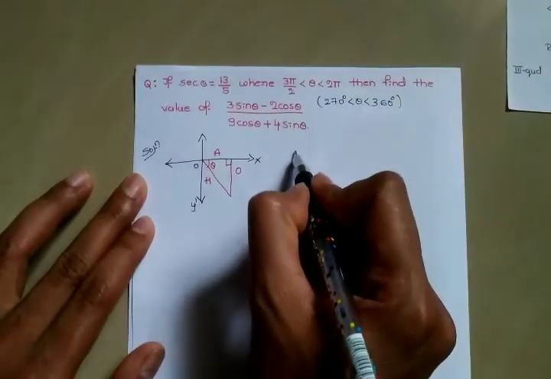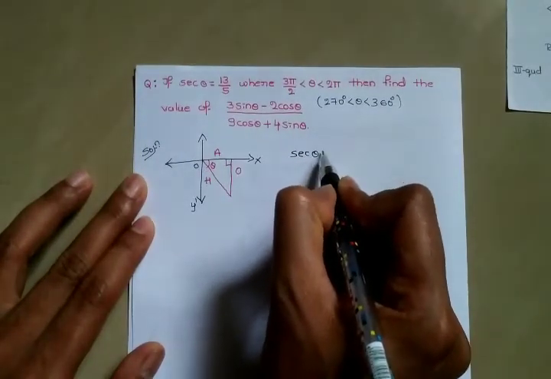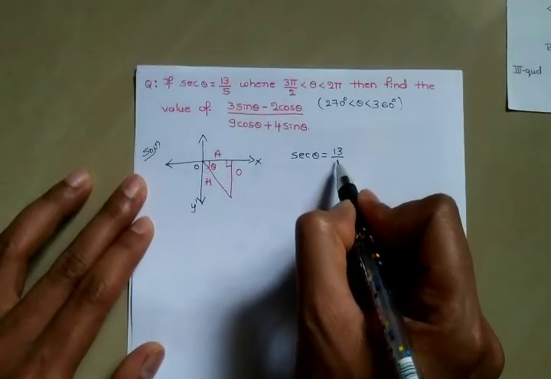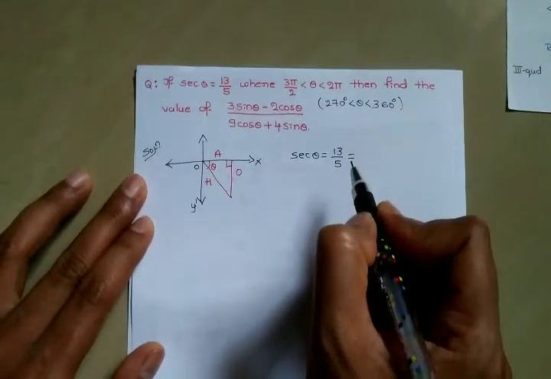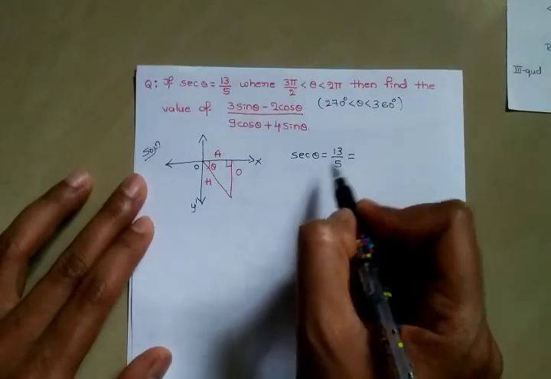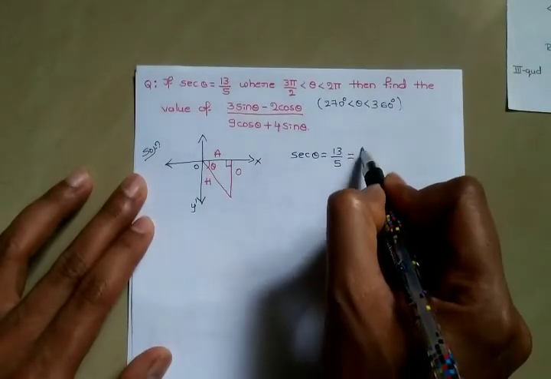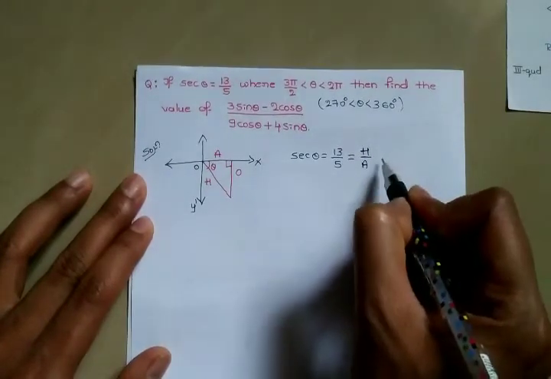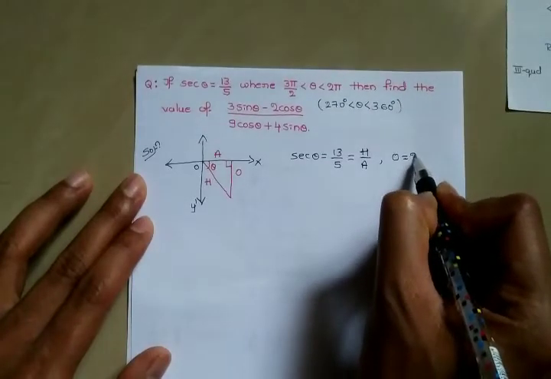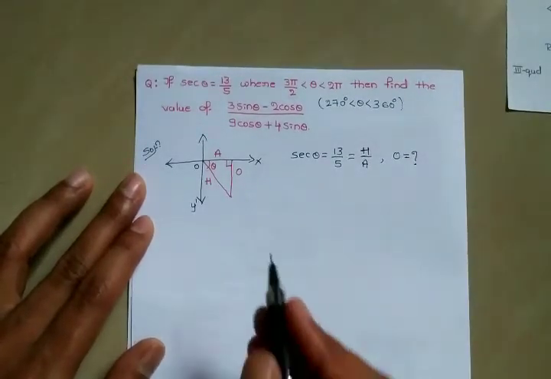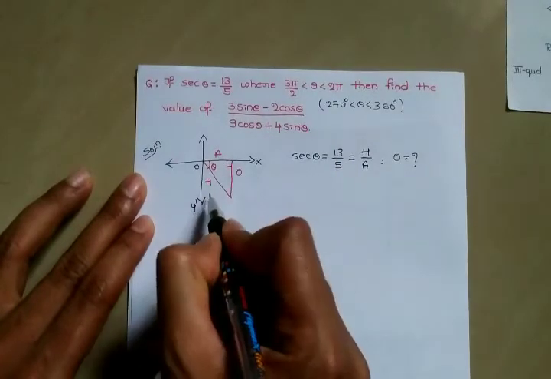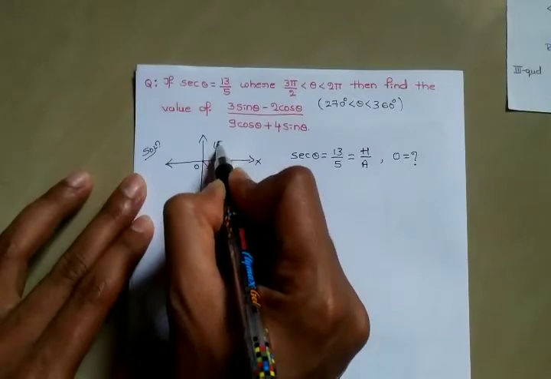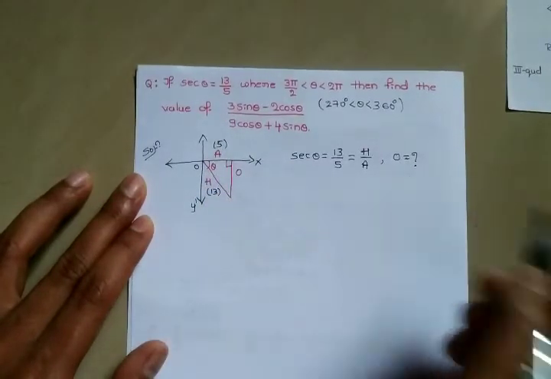Sec theta, equal to 13 divided by 5. The sec theta formula is h divided by A. Therefore, which value is the question mark here? O is the question mark. H value is given as 13. A value is 5. And the opposite side is the question mark.